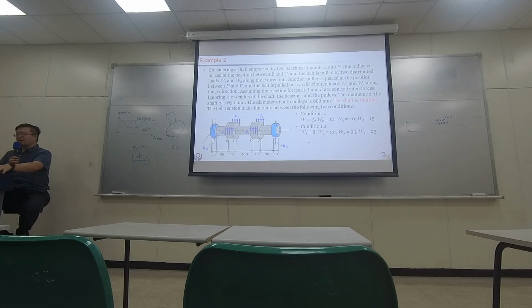I have a second example, exactly the same problem, but here's the thing: now the shaft is rotating. Still the same fluctuating bending from the belt tension, but this time the shaft is rotating. What's going to happen?